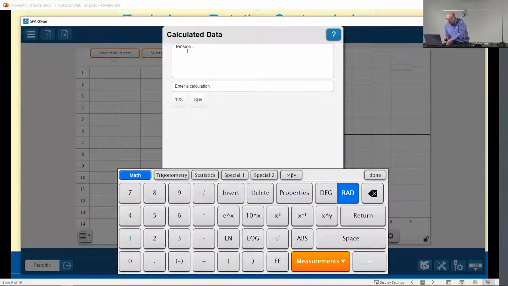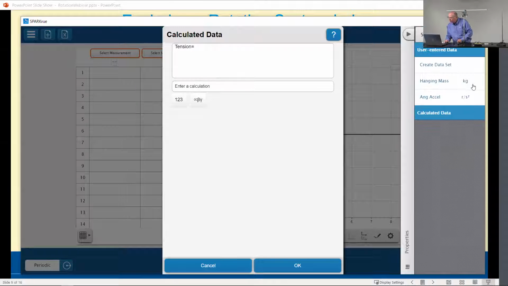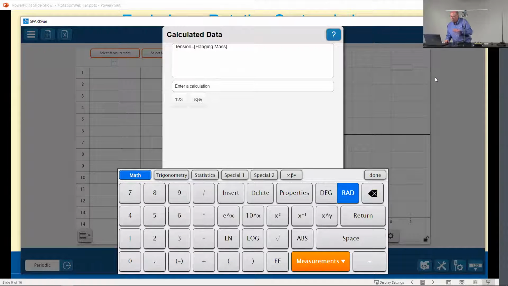So tension equals, well, I said it was the mass, which is a measurement, user entered, hanging mass. So that'll go and grab the mass from the table, and then times parentheses G minus, well, the acceleration of the mass is equal to the angular acceleration of the pulley times the radius.